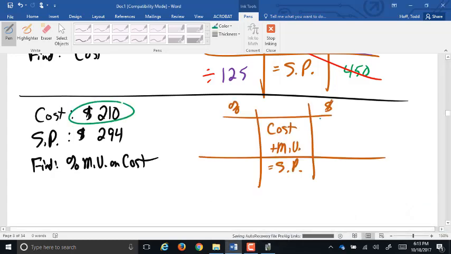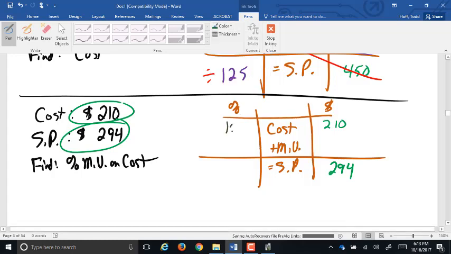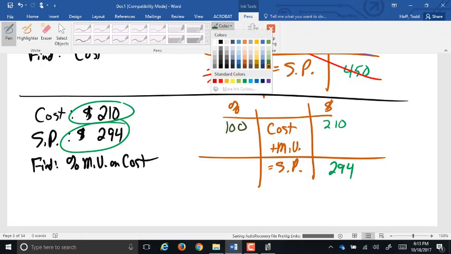210 goes. There we go. 294 goes. 100 goes. Percent cost.